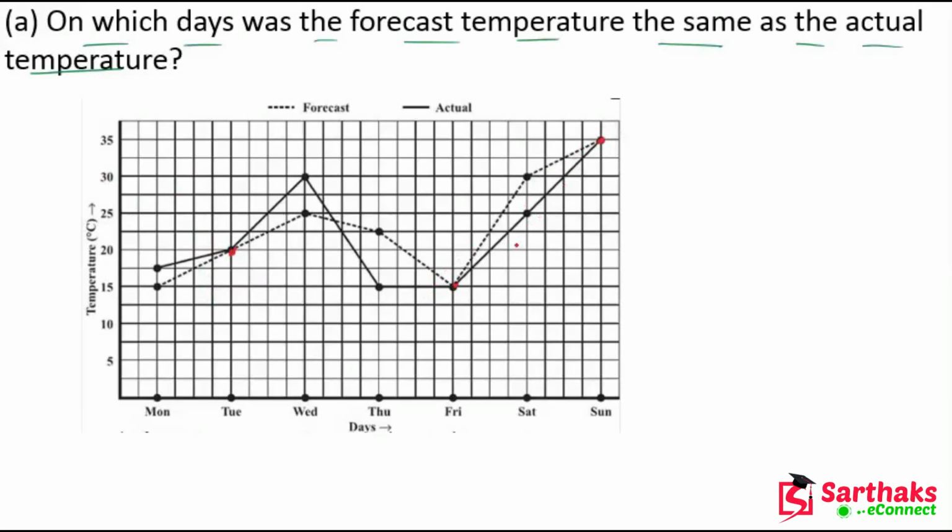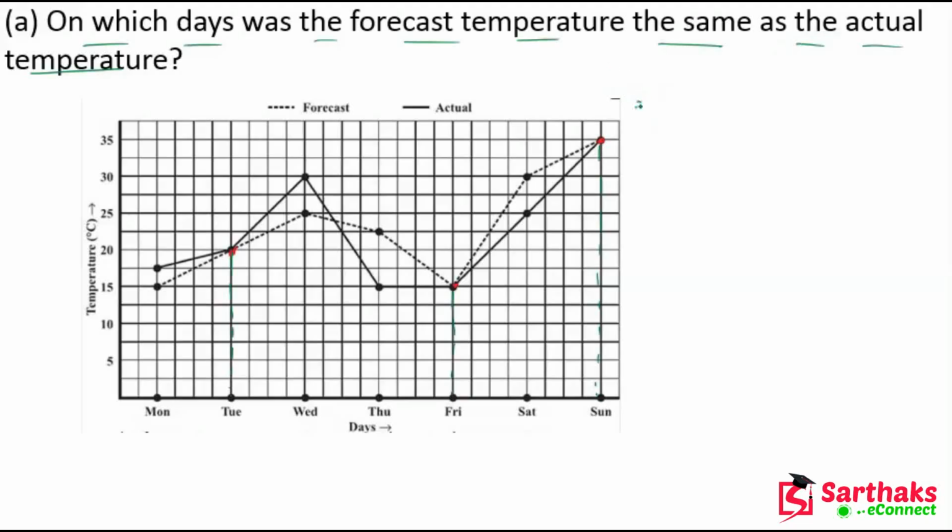You can see this point coincides, this point coincides, and this point coincides, and here this point coincides. So we can say on Tuesday, Friday and Saturday the forecast temperature was the same as the actual temperature.